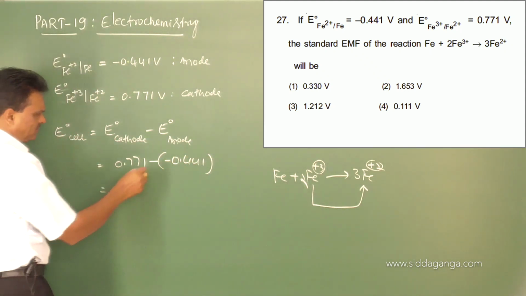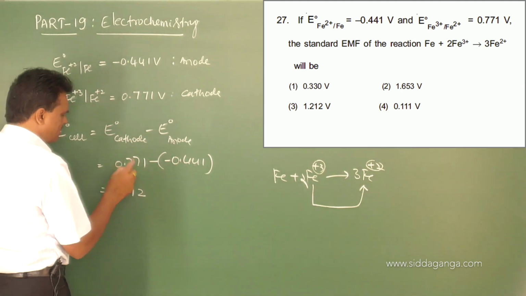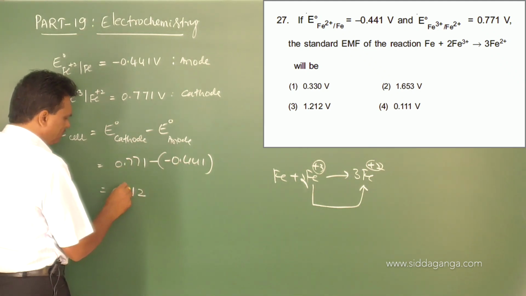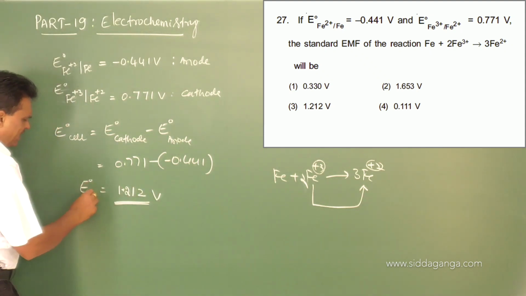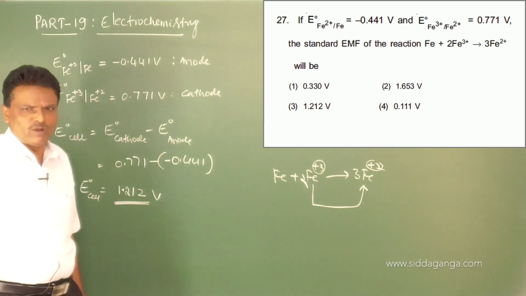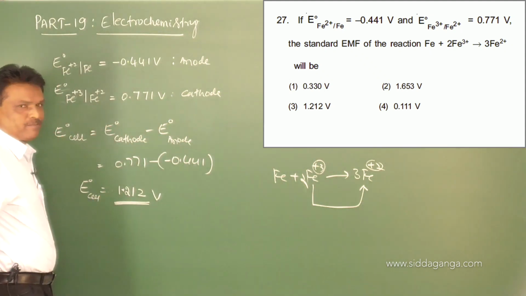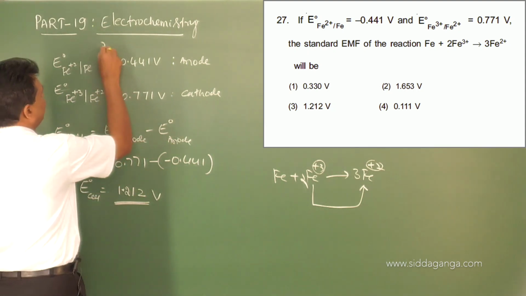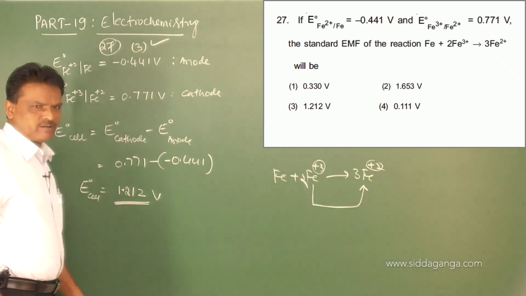This is equal to 1.212 volts. This is the standard EMF of the cell, 1.212 volts. Your answer is the third option. So for question number 27, the third option is the right option.